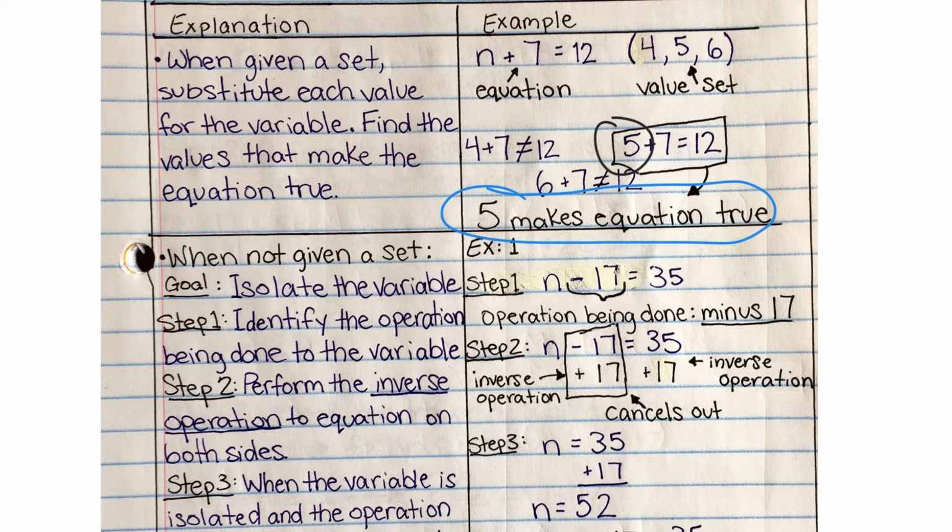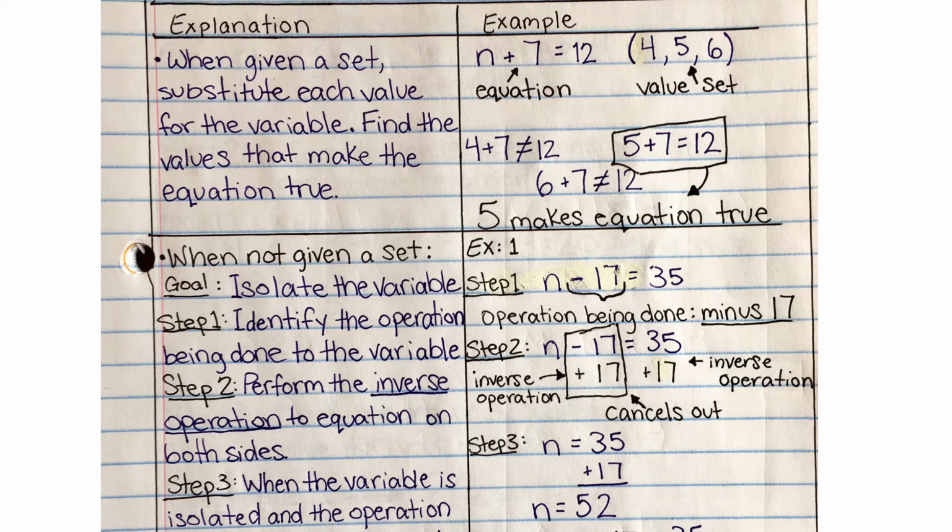Now I know you're probably thinking, well, if we found that 5 was true, why do we have to go on and try out the 6, knowing that 5 is the only thing that makes this equation true? The reason we went on and did the 6 is to get in the habit of substituting each of the values. Because when we get to equations that use greater than or less than signs, which are called inequality statements, there are often going to be more than one answer in these value sets that makes the statement true.